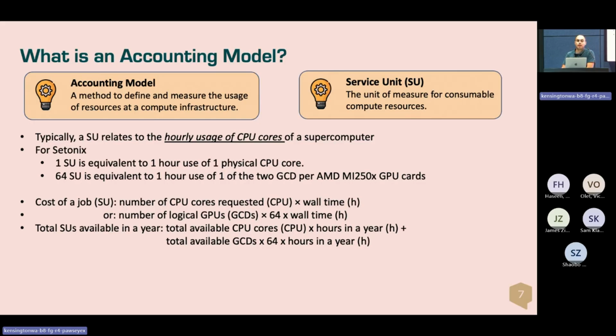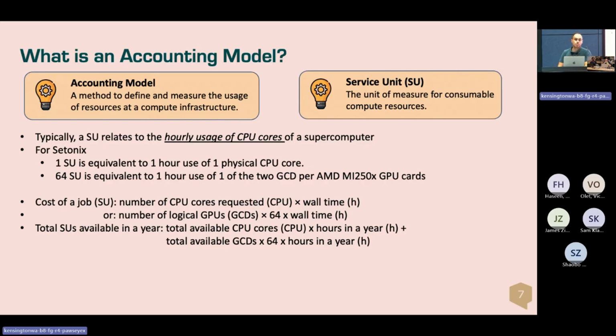So the use of the entire GPU, which comprises two GCDs, is 128 service units per hour. I will briefly explain how we came up with that number, but these are essentially the two fundamental definitions for a service unit based on whether you're using a CPU or a GPU.